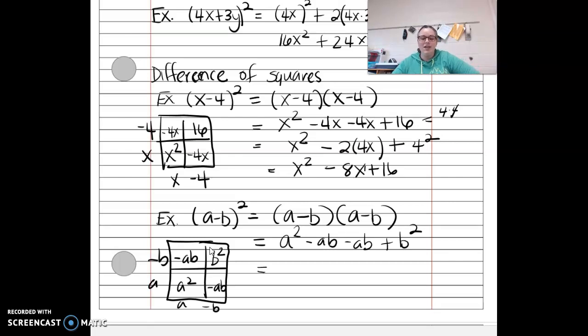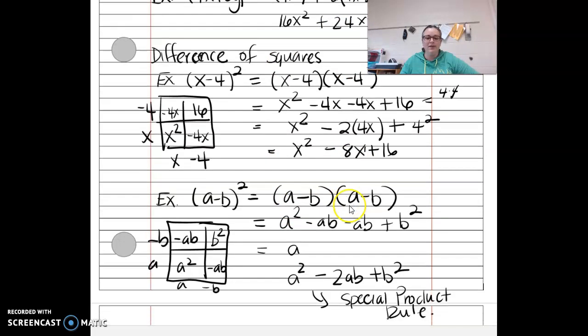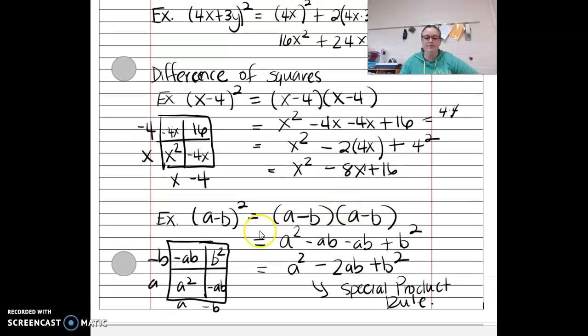And then to put all these together, you get a squared minus 2ab plus b squared. And so this is our special product rule for when we take the difference of our binomials and square them.